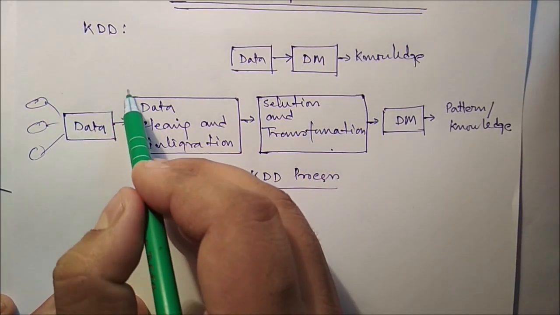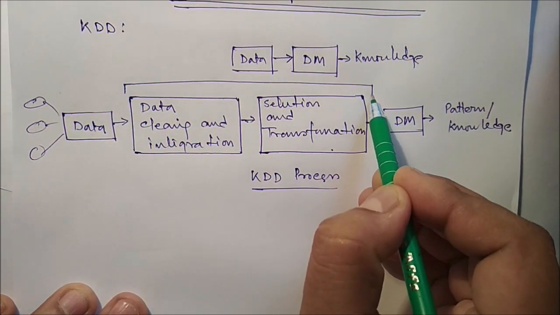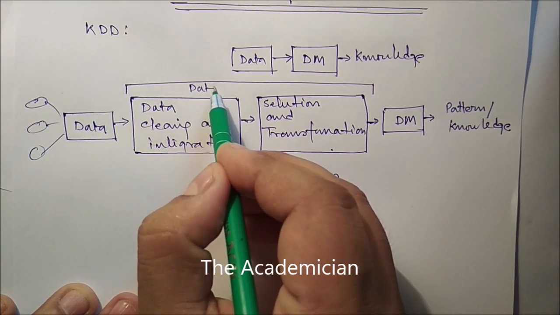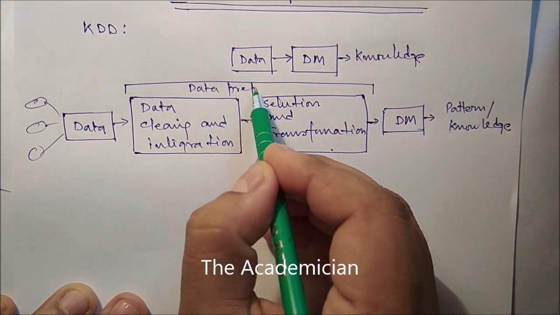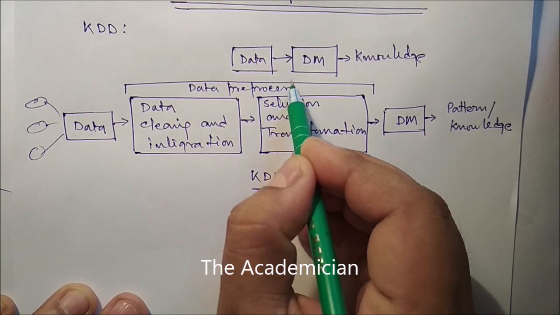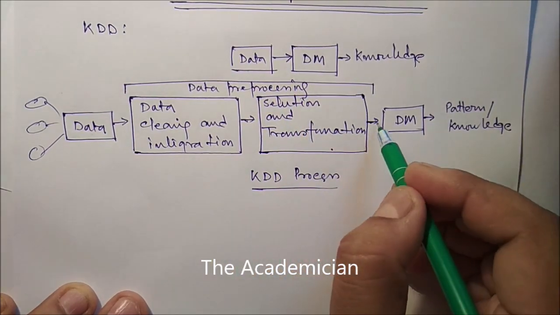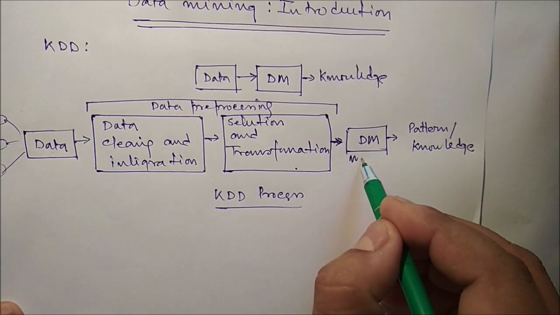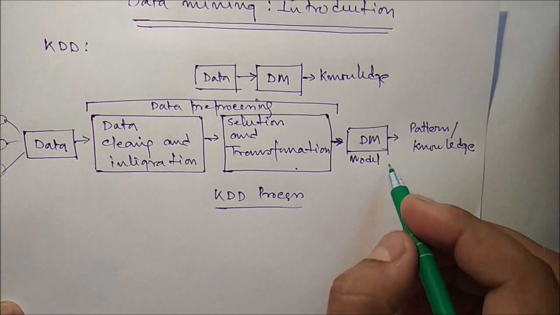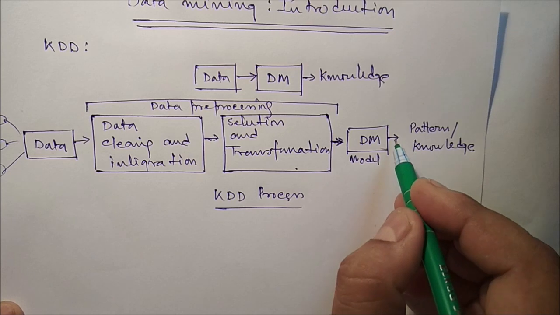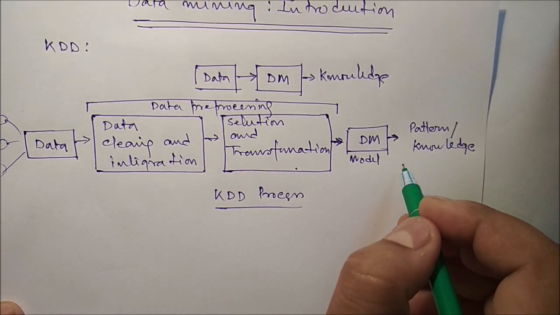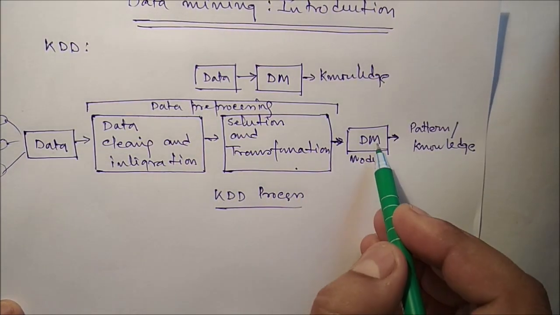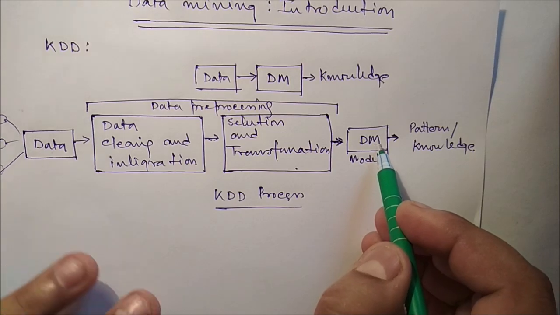This part is called data pre-processing. After that, data mining algorithms are there. Here you create the model by applying some algorithm, then we can get the pattern and the knowledge. So in the KDD process, data mining is just one step.